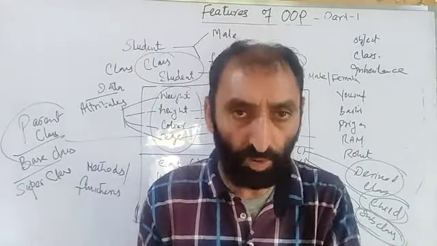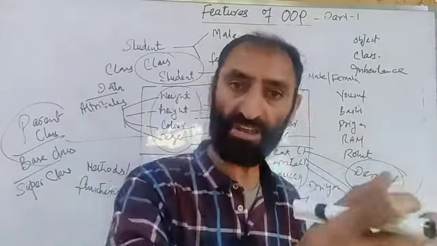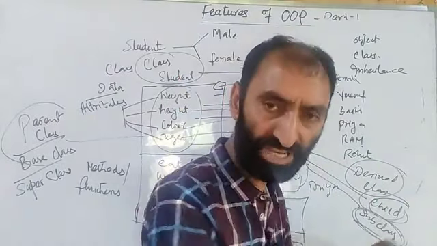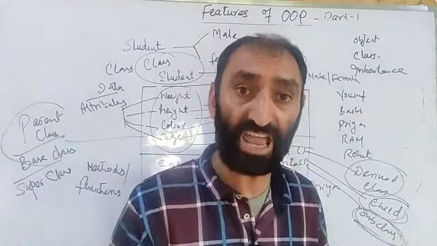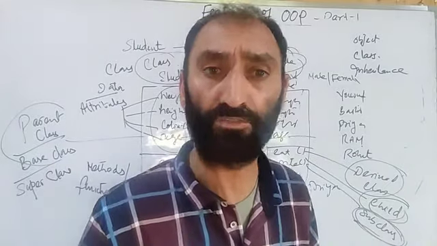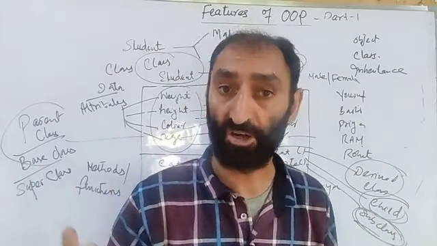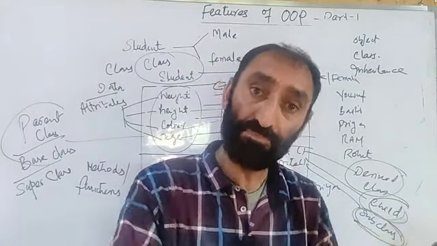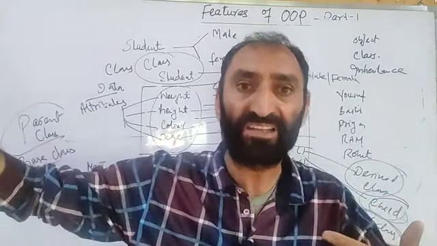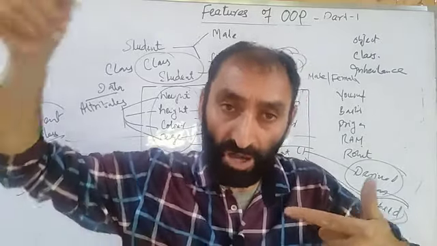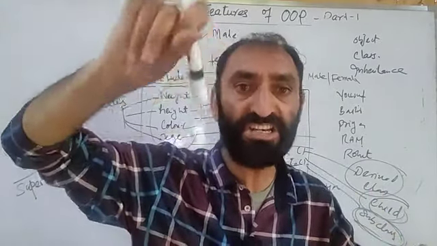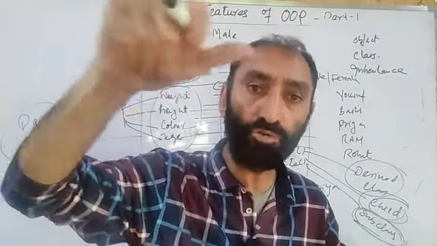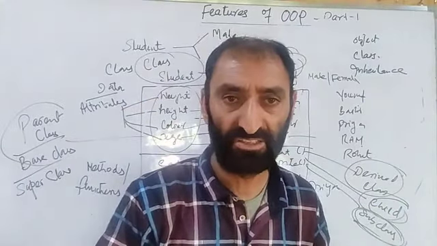For example, if the father has a building and land, that building and land is going to be inherited by the child. And in addition, the child can also purchase a car, which the parent does not have. So all the properties and features of the parent are inherited by the child class. This is real life.